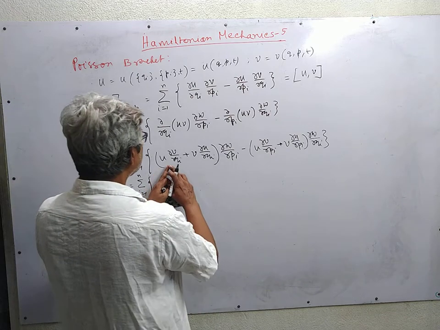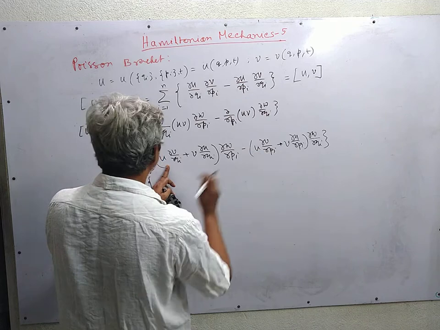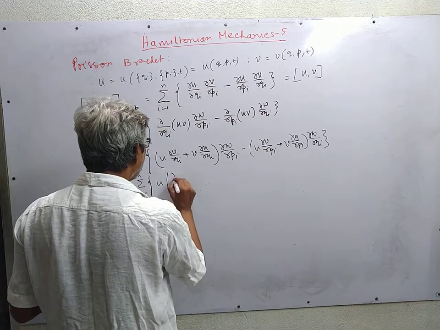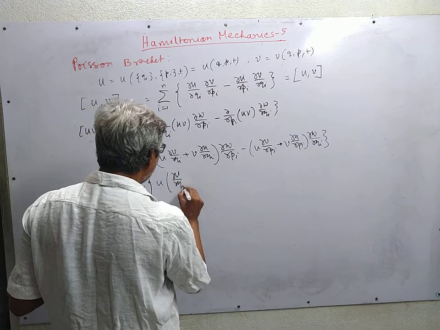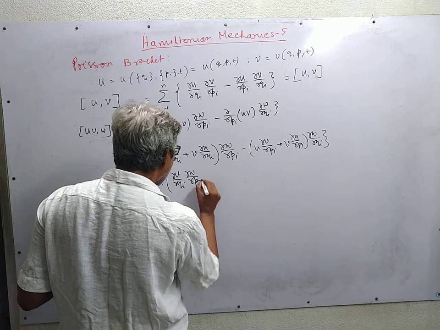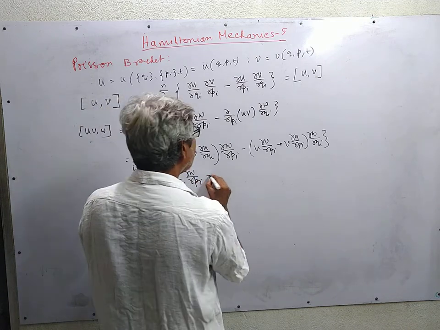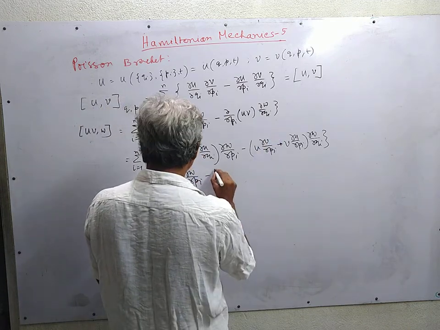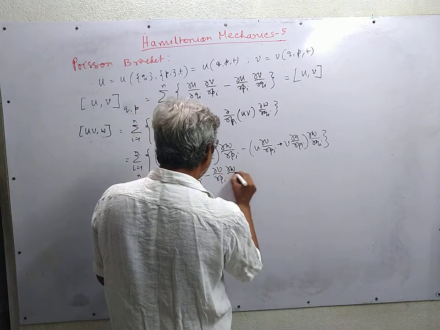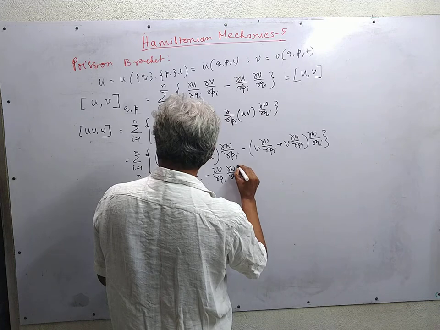So first we take these two terms. Taking U common, we have del V del Qi del W del Pi, and from this term del V del Pi del W del Qi.